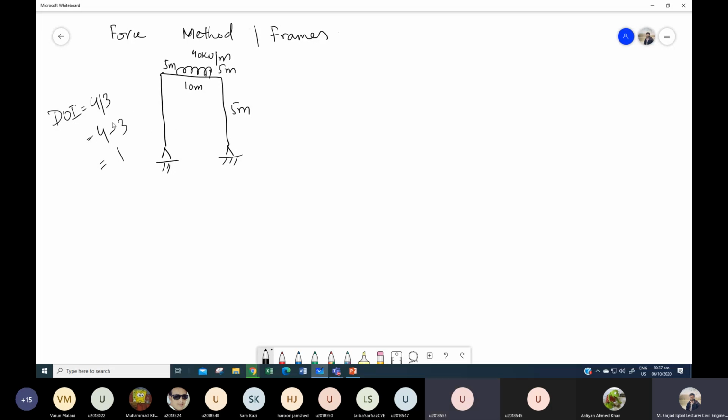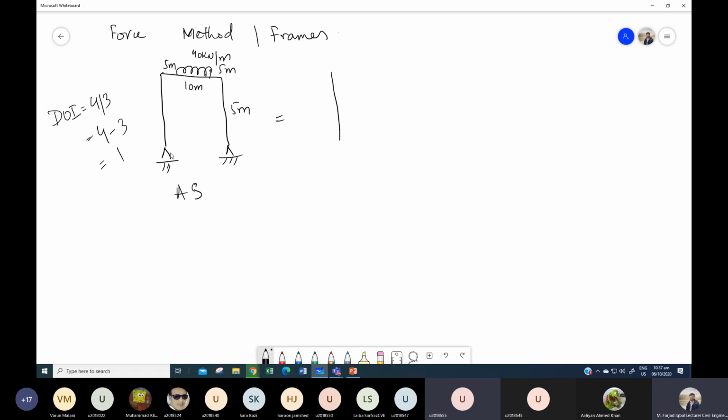So if we can remove one reaction, we can make this frame a determinate frame. So just like in the case of beams, let's call this one the actual structure, and this one the primary structure.